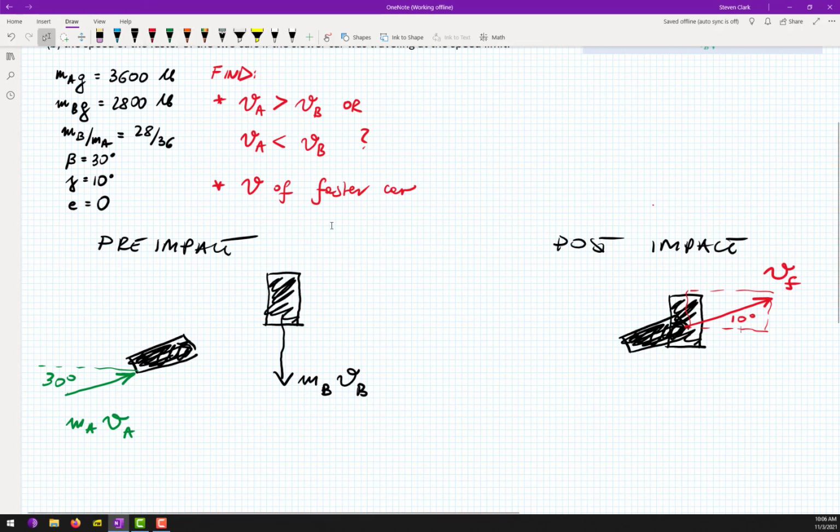Okay, so what's different in this problem than in most of the problems we did earlier?